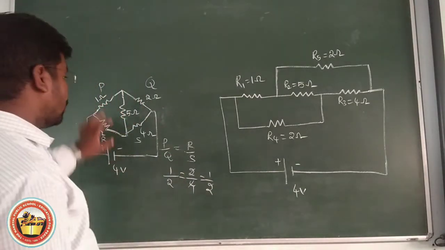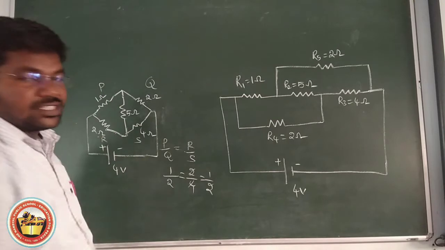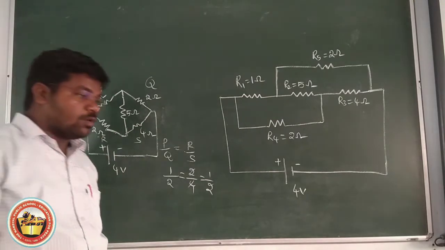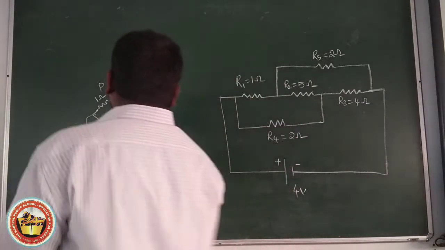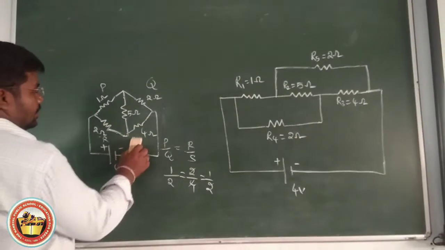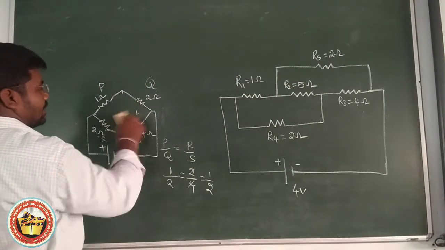Now we need to remove this 5 ohm resistor, so we can get another equivalent diagram like this.